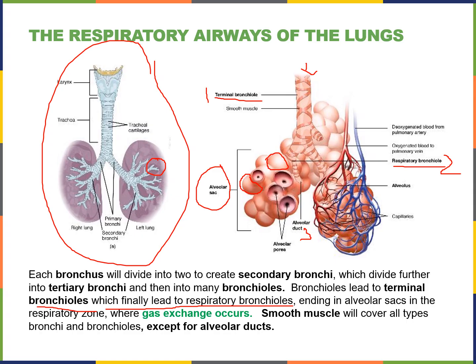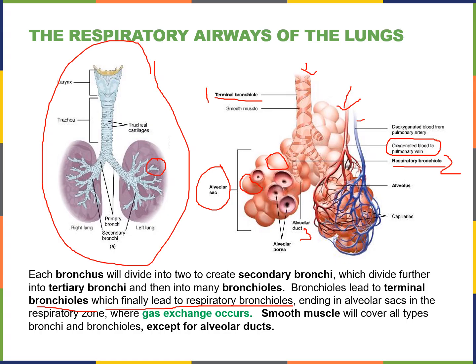We can also see blood vessels now. Here in red, obviously, is oxygenated blood. And we know that oxygenated blood from the lungs is carried by the pulmonary vein back to the heart, to the left atrium. So you do need to make this connection between the respiratory system and the cardiovascular system.